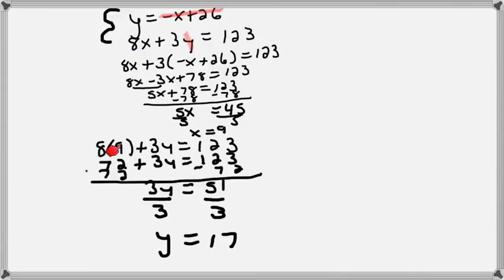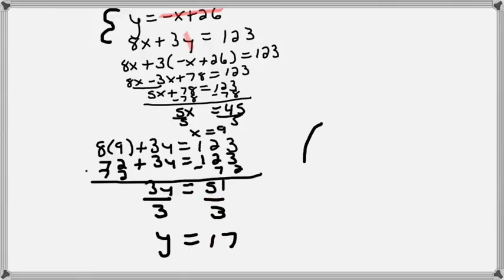So I'm going to go 8 times 9 plus 3y equals 123. That's going to give me 72, because 8 times 9 is 72, plus 3y equals 123. I've got to get the y by itself, so I'm going to subtract 72 here and over here. That's going to give me 3y equals 51. I divide by 3 here, I divide by 3 here, and y equals 17.